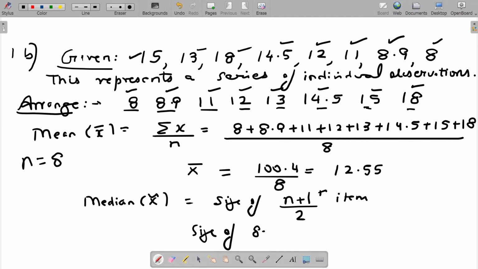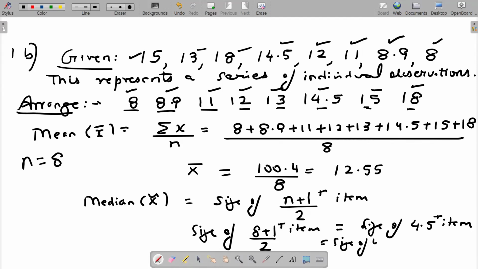So size of 8 plus 1 by 2th item, which is 9 by 2, which is 4.5. So size of the 4.5 item, which I can write as the size of 4th item plus size of 5th item, whole divided by 2.